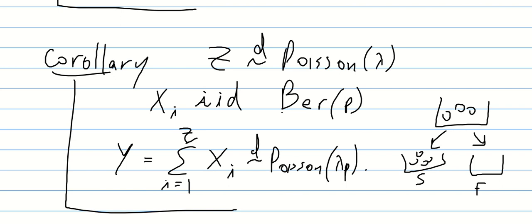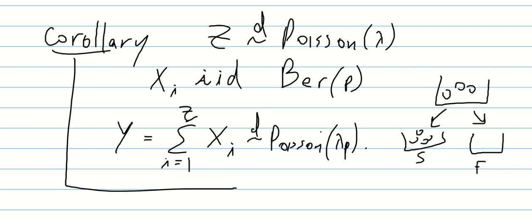So that's why it's called thinning, because we start with a Poisson point process and we thin it a little bit by killing the ones that came to the failure box, and what's left, the survivors, are still Poisson with just a thinner parameter, lambda times p. So this is a very powerful property of Poisson processes, and we're going to use it a lot in the next lecture when we start to describe the Poisson point processes. So see you next class.